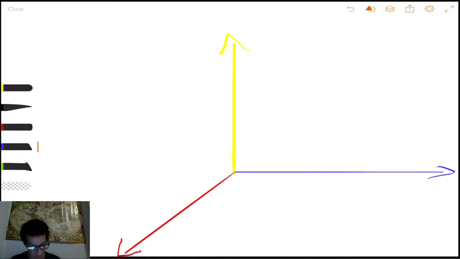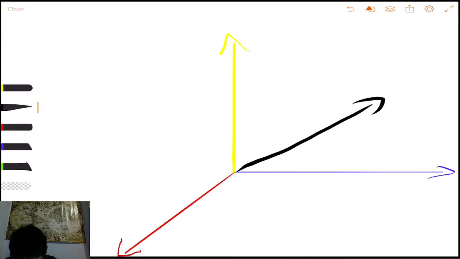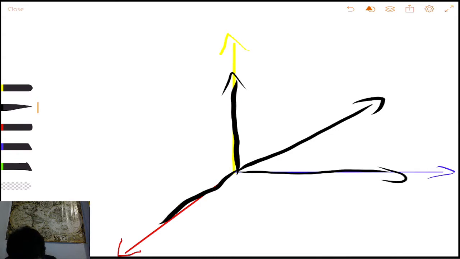In a vector space, it's somewhat similar, but there's some differences. A vector that you map in that space is a combination of the three vectors. So you've got, for instance, how many units you're going to be going this way, how many units you're going to be going this way, and how many units you're going to be going this way to get to the point, and then you would have another point at the origin to get to the point out here defining where that vector is.